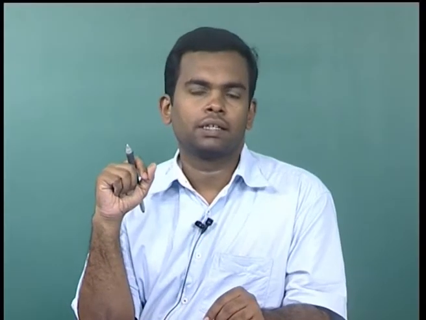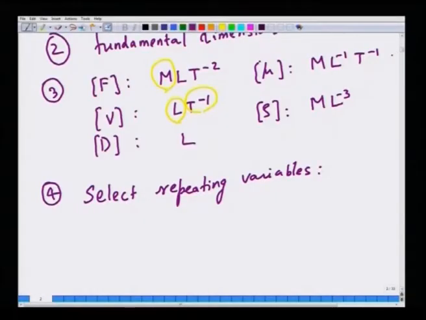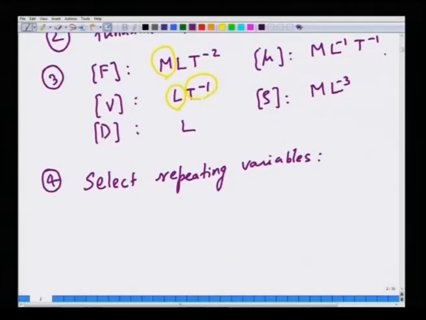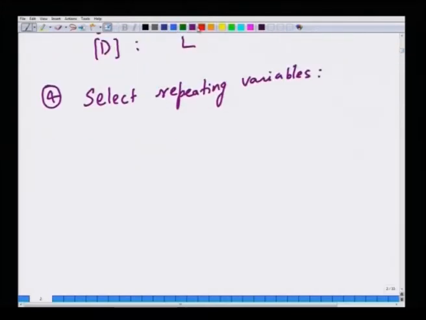Now, there is an element of judgment involved here. For example, I am going to first make a choice and show that it does not work, and then I will do the right choice. All I am trying to say is that you cannot choose any 3 variables. So, first let me flag off by saying wrong choice, and then I will show why it is wrong.